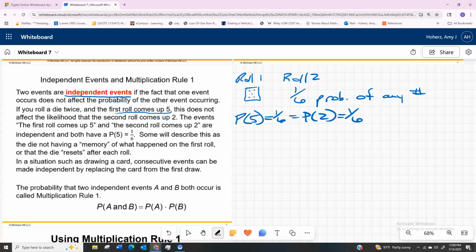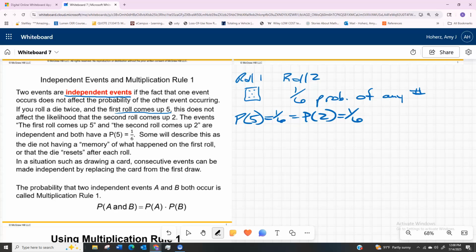A lot of times you'll see this described, and I like this description, as the die does not have a memory. The die does not remember on the second roll what it rolled on the first roll. It just resets itself every time you pick it up. It's like a new die.